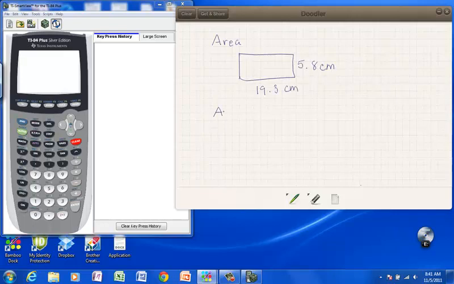And the area of a rectangle is length times width. So 19.3 centimeters times 5.8 centimeters.